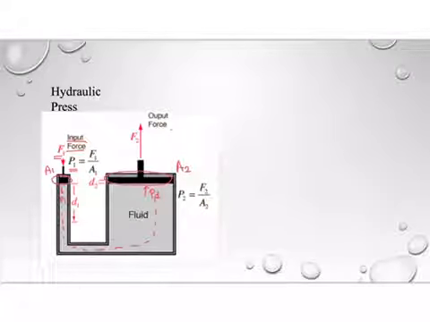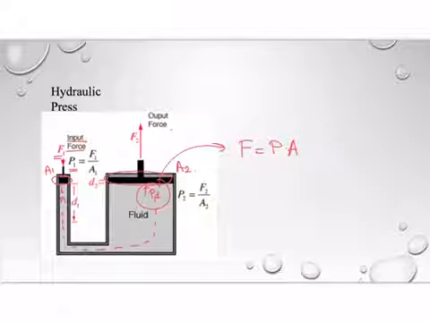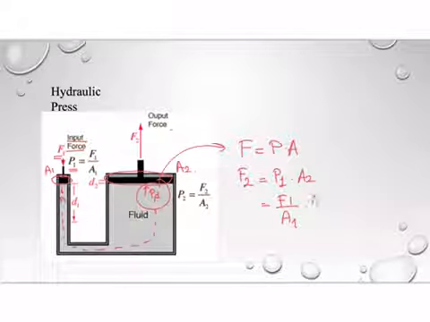So this creates a force. We say that force is equal to pressure times A. So the created force is equal to P1 times A2. P1 is equal to F1 over A1, times A2.